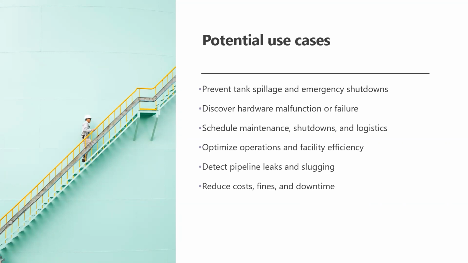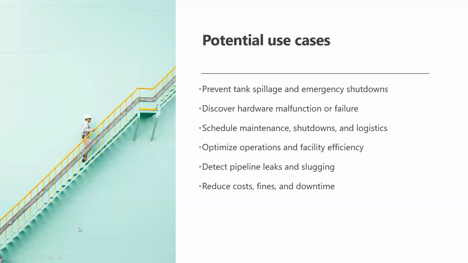It can prevent tank spillage and emergency shutdowns, and we can discover hardware malfunction or failure. We can also schedule maintenance, shutdowns, and logistics, and optimize operations and facility efficiency. And we can detect pipeline leaks and slugging. And the last one, we reduce cost, fines, and downtime.